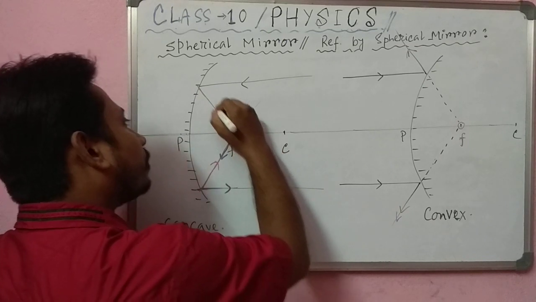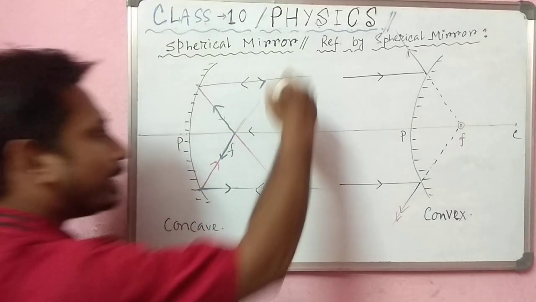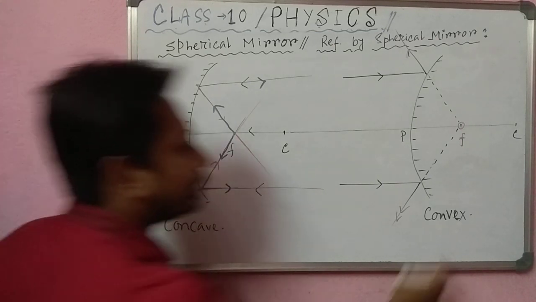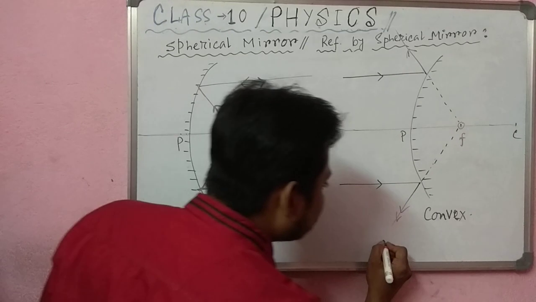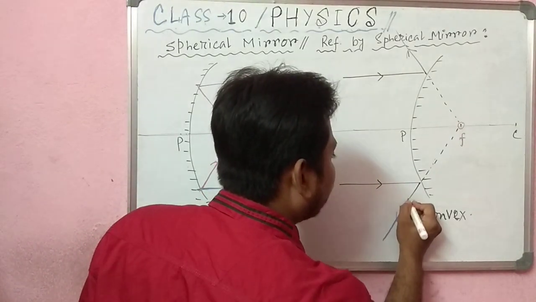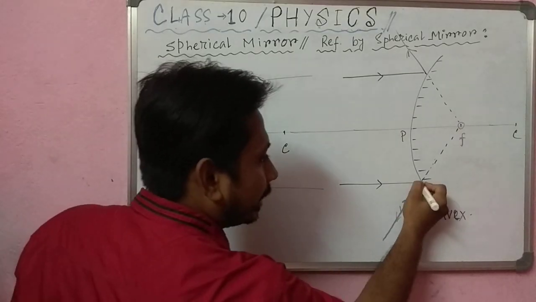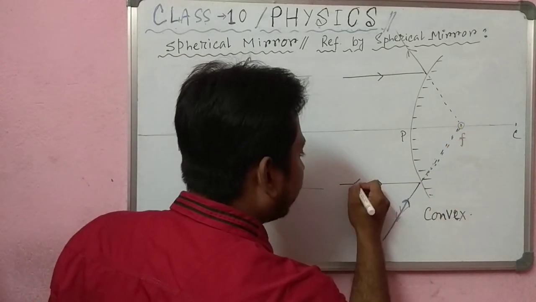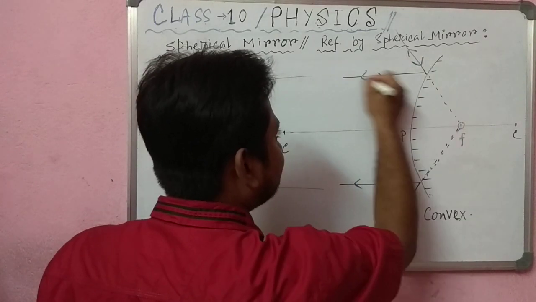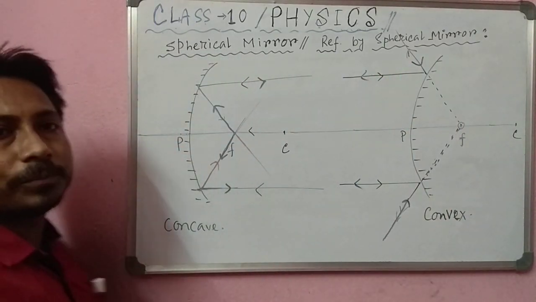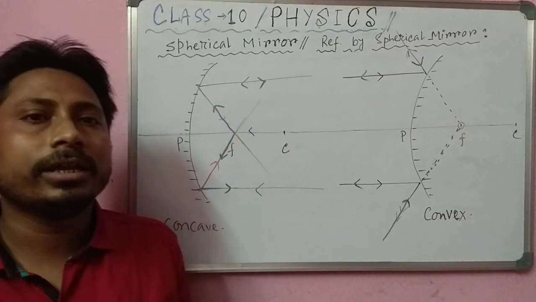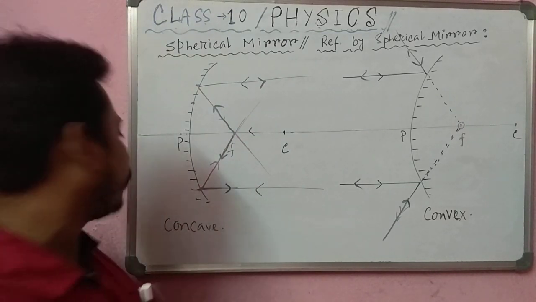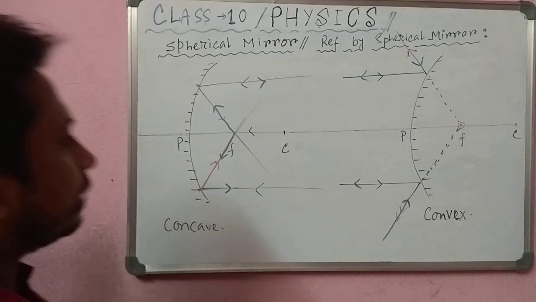Similarly, light coming from the focus also goes out parallel to the principal axis. The same thing happens in the convex mirror also, student. Suppose a beam of light coming from any object is pointed to the focus, then the light goes out parallel to the principal axis, because of the reversible property of light. Got it? So student, for our next diagram, please pause the video and write everything.